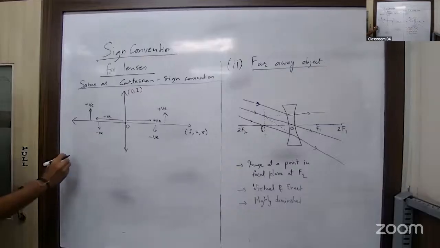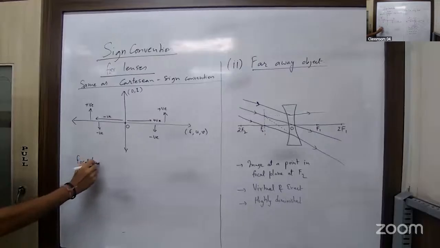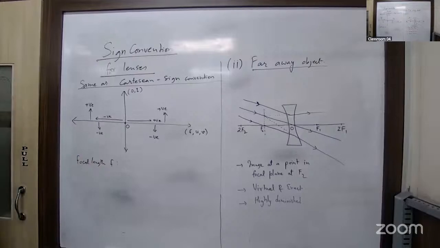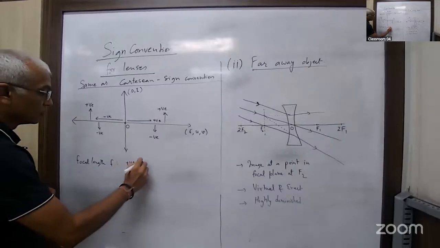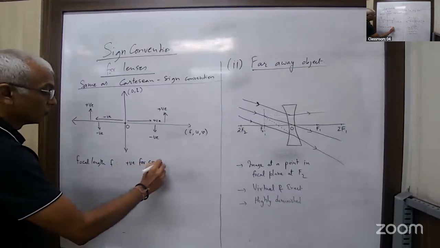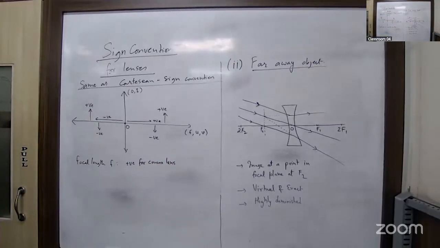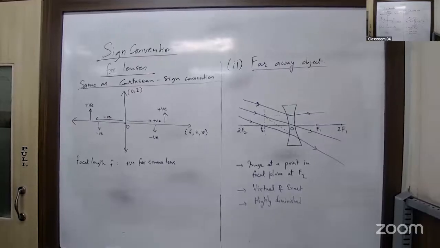So what is the sign for F now? F is focal length. For convex lens, it is positive. What is the focal length for convex lens?